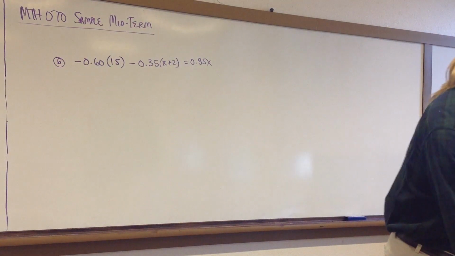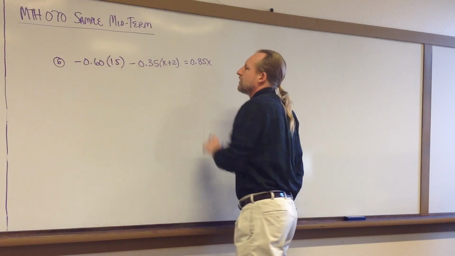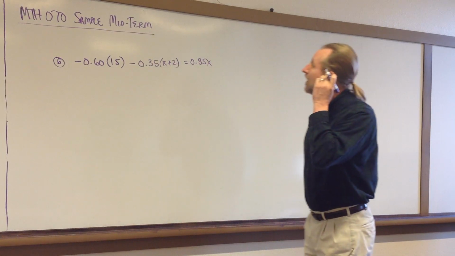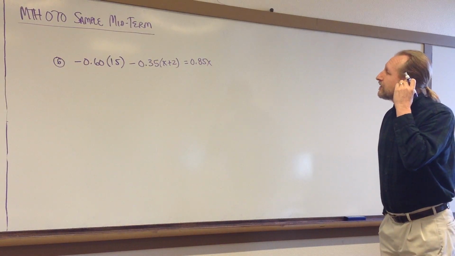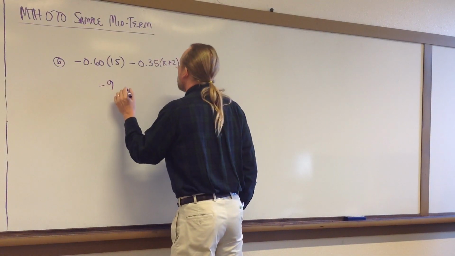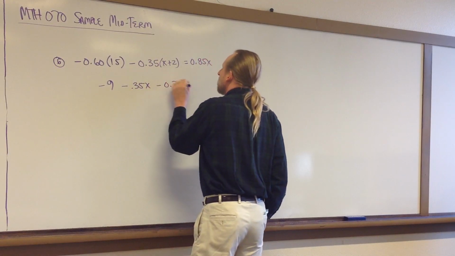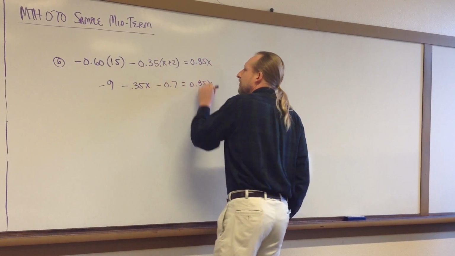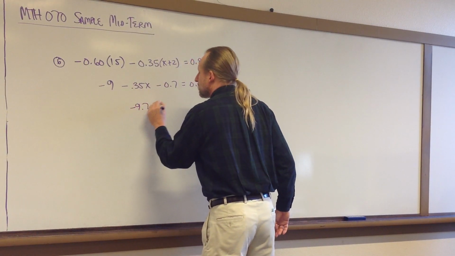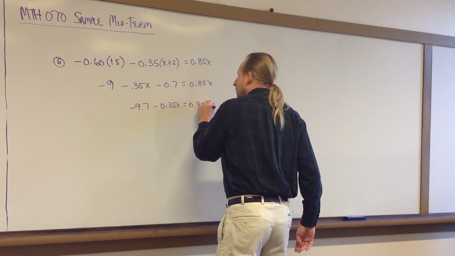Let's simplify what we've got here, mostly on this side. This side we don't really need to do much to. But over here, negative 9, and then minus 0.35x minus 0.7 equals 0.85x. So this will be negative 9.7 minus 0.35x.